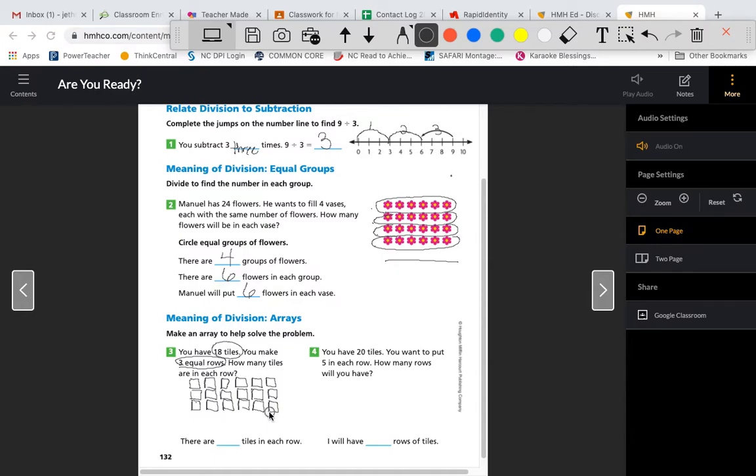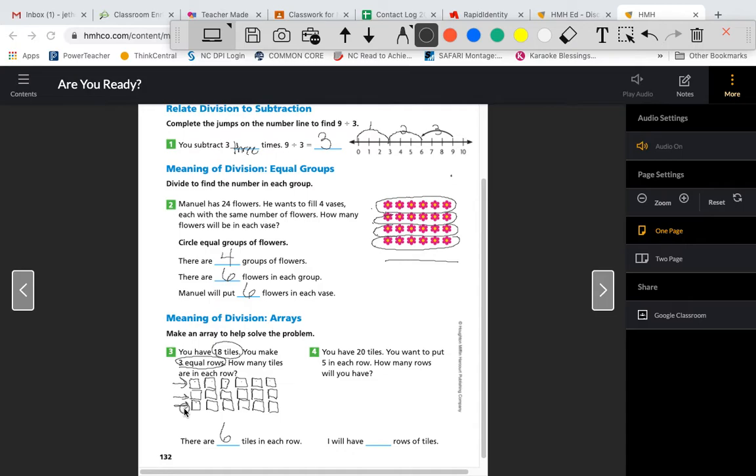So once I've equally given each row the number of tiles, I can see how many tiles are in each row. So if I look at my first row here and I count 1, 2, 3, 4, 5, 6, there are 6 tiles in each row. If I look at the other 2 rows, they should have an equal amount of tiles.